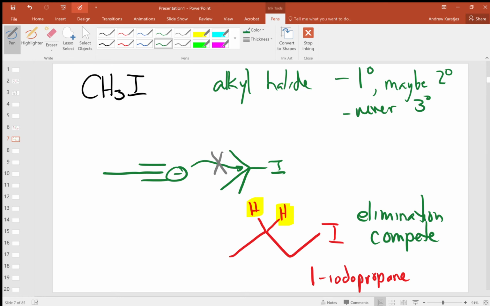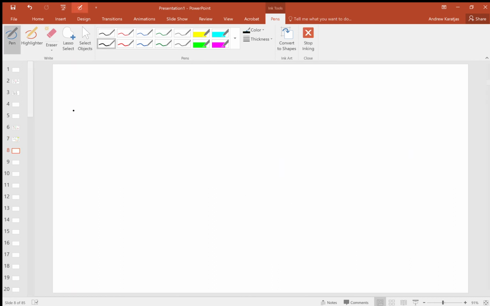And in many cases, the elimination will dominate. So if we want to make sure that the reaction we're looking at for an alkylation is going to work, we want to make the leaving group as unhindered as possible, primary or secondary at the most. And second, we don't want any adjacent hydrogens. So let's take a look at a couple of examples now.